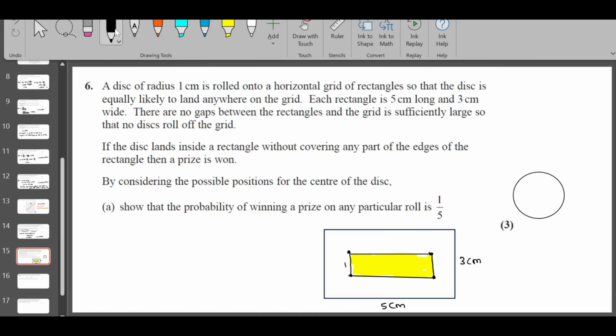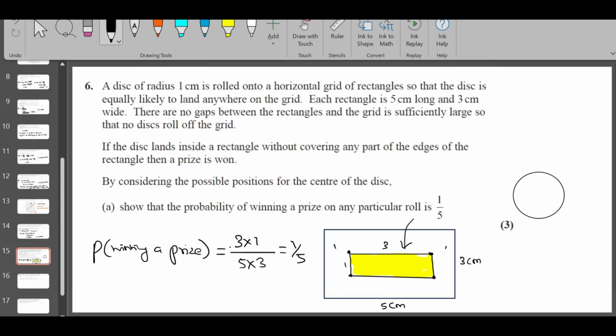By considering the possible positions for the center of the disc, show that the probability of winning a prize is the area of this rectangle. The total is 5, so you leave 1 here, 1 here. This is 3 and 1. 3 times 1 is the area, and the total area is 5 times 3, so 1/5.